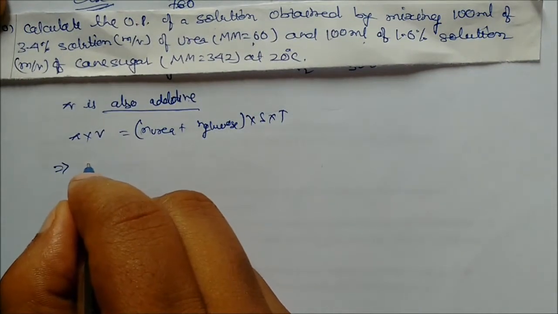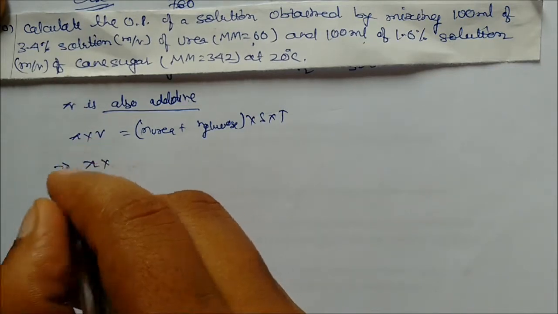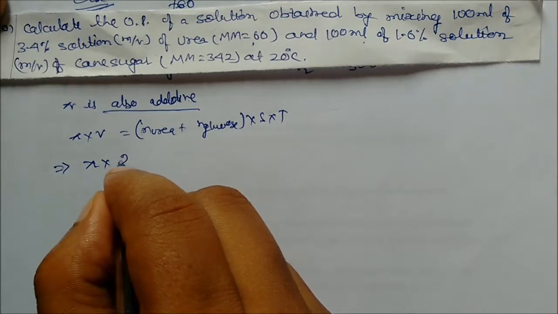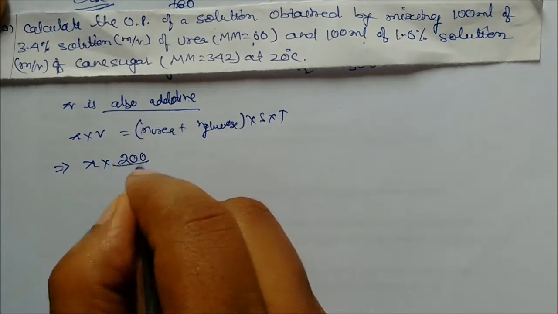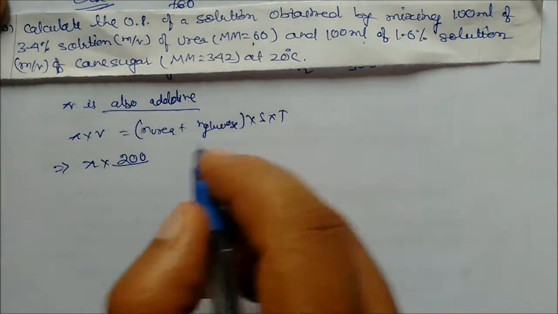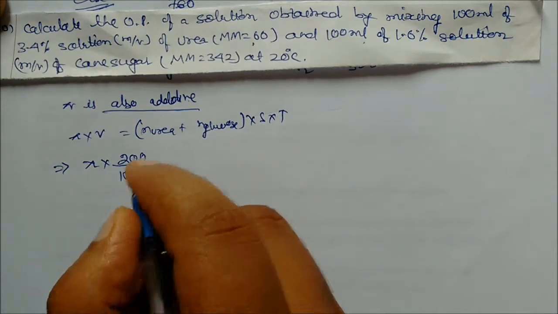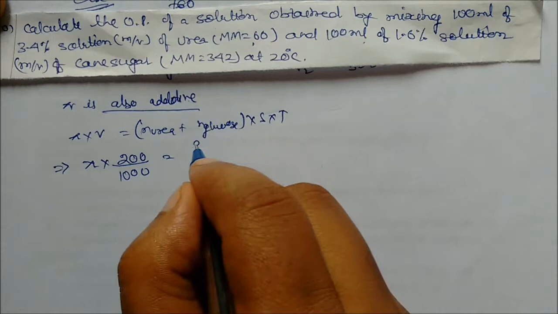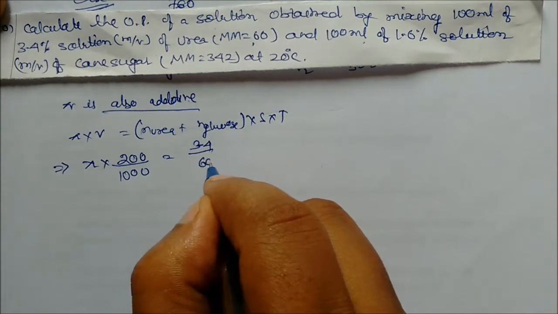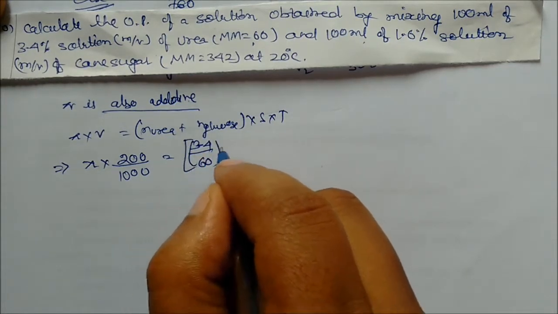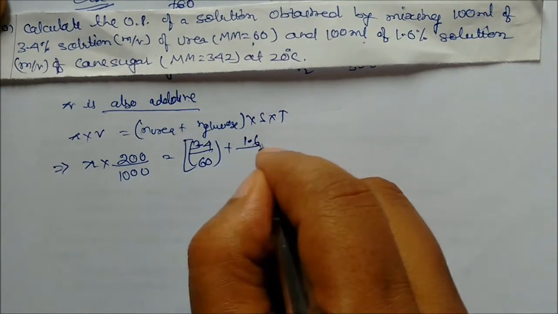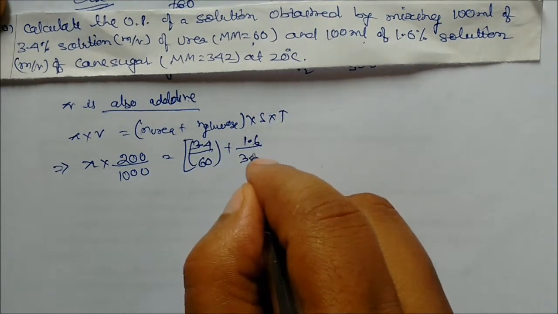We have to find pi. The volume is mixing 100 plus 100 ml, so 200 ml, that is 0.2 liters. The moles of urea are 3.4 divided by the molar mass of urea, plus glucose, which is 1.6 divided by 342.